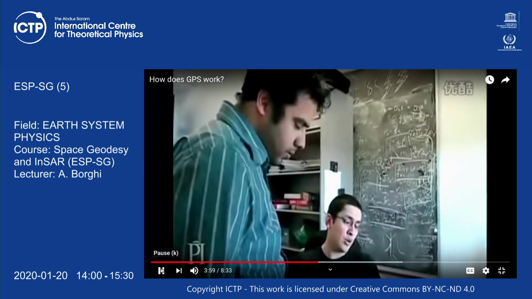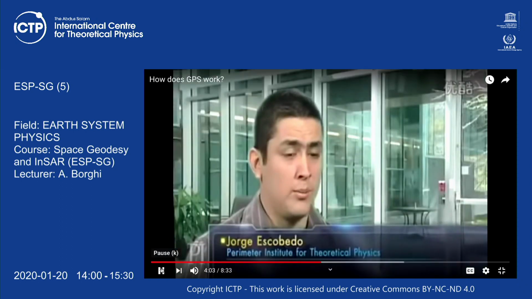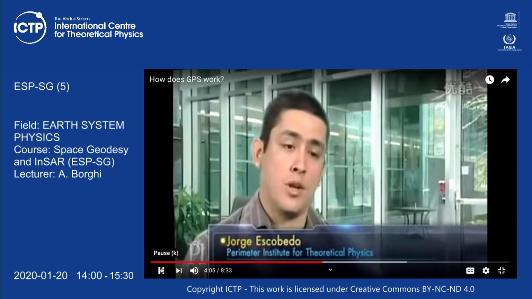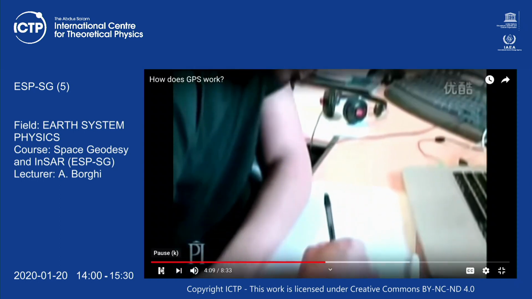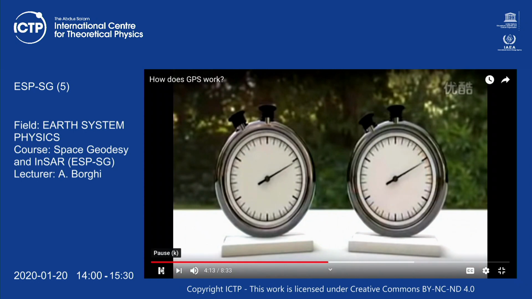After Einstein formulated the theory of special relativity, he went further and proposed his theory of general relativity, which is not only a theory of space-time, but a gravitational theory. Key to Einstein's theory of general relativity is the fact that gravity alters time.